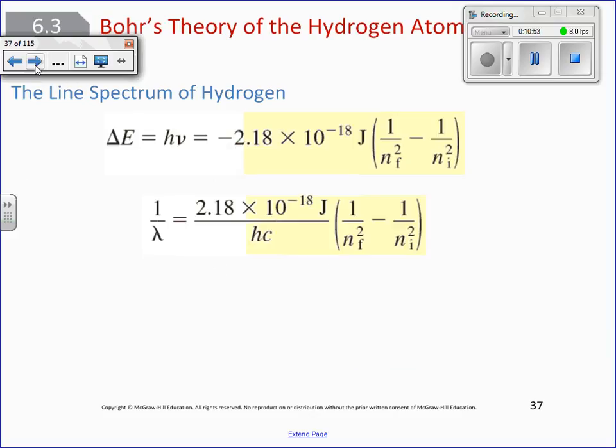So I get 1 over the wavelength is equal to 2.18 times 10 to the minus 18 joules, divided by hc, so Planck's constant and the speed of light, times 1 over n final squared minus 1 over n initial squared. So all I do is take these 3 equations and plug them together and mush them all together. So you've got one final equation, so you don't have to do 3 different steps. It's very kind of them.